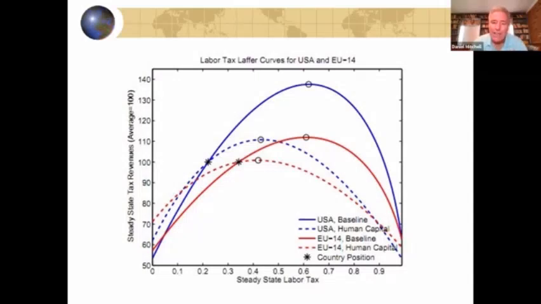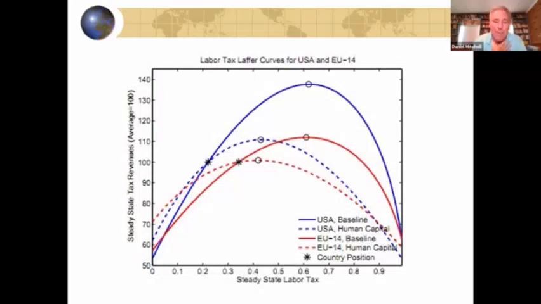But what's going on there, you'll notice that revenue is going up only a little bit, about 10%, when the tax rate is in effect going from 20 to 40, it's doubling. So think about that. Politicians, if they double the tax rate, they only get about 10% more revenue.